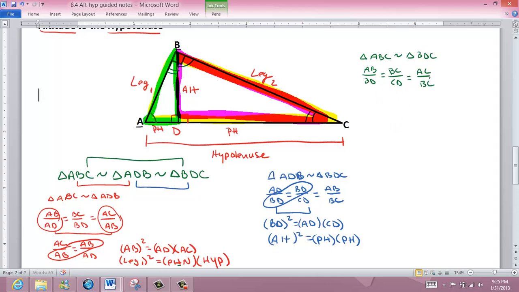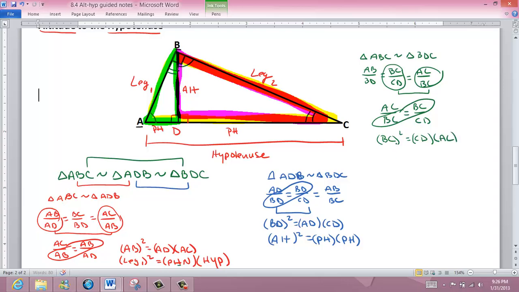Right away I look at the means and I don't really see any means, but if you notice, one cross product here ends up being the same. Now although you see this as the extremes being the same, if I actually write this ratio first, AC to BC equals, and if I write this one second, BC to CD, notice now how I have a geometric mean. So BC squared equals, let's put CD first, times AC.